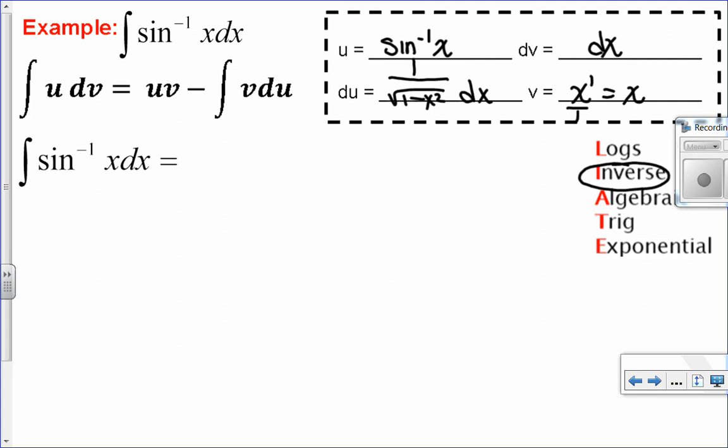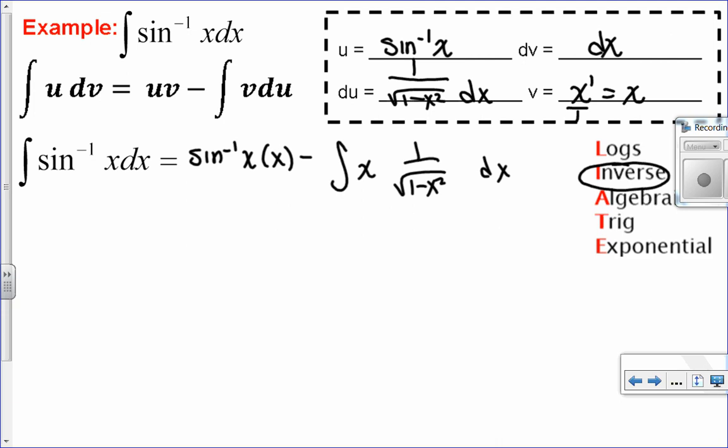So the integral of sine inverse x dx is just going to be u times v, which is just x, minus the integral of v, which is x, du, which is 1 over the root of 1 minus x squared dx.